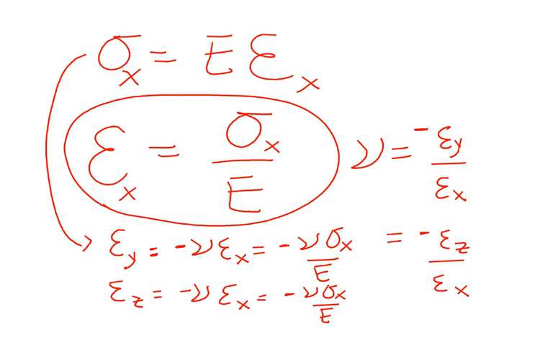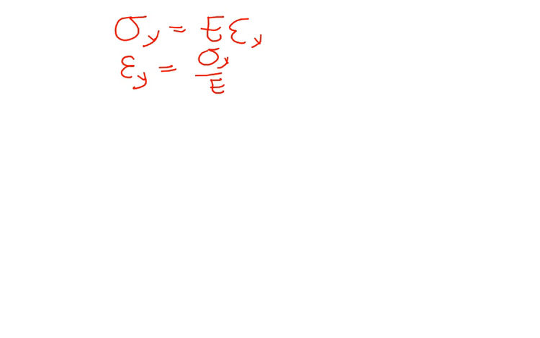Okay, and let's just do the same thing for sigma y. Now we're going to look at the stresses in the y direction. So sigma y is equal to E epsilon y. And that means epsilon y is equal to sigma y over E. Poisson's ratio says nu is equal to negative epsilon x over epsilon y.